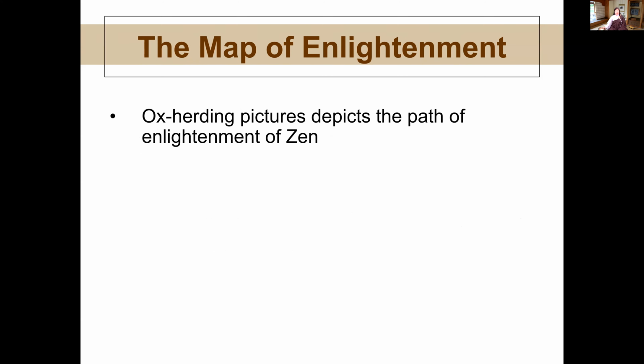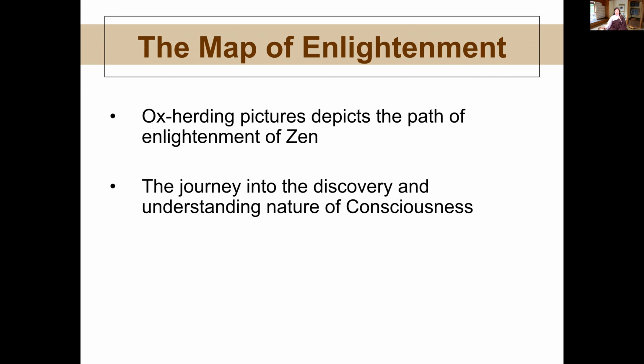So what is the Zen map of enlightenment about? The ox herding pictures depict the path of enlightenment of a Zen practitioner. The journey of enlightenment is pretty much the journey into the discovery and understanding of the nature of consciousness.